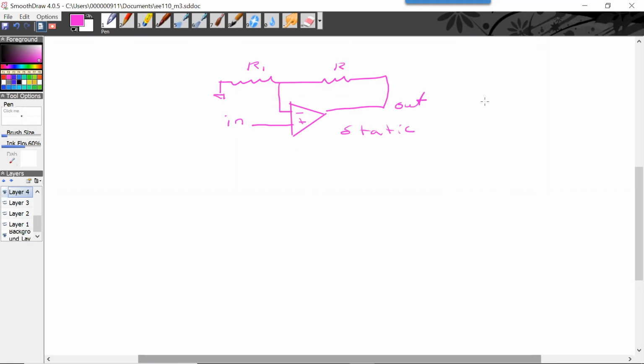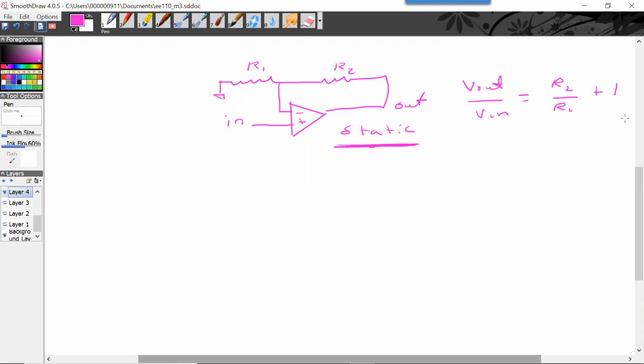You probably have this memorized, but V out over V in for an ideal op amp is given by this relationship, all right? And so an ideal op amp will have no time delay.